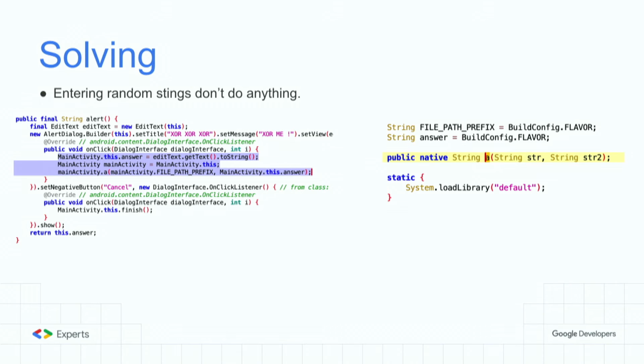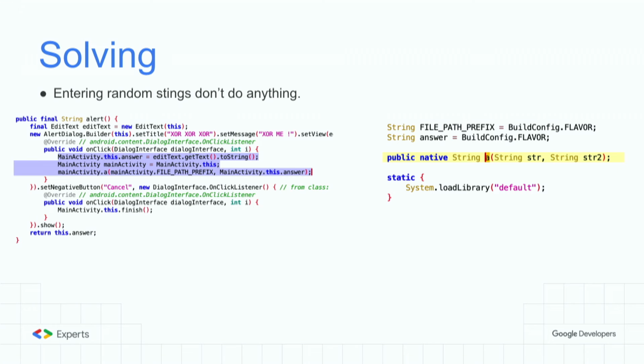Here we have the alert function, and in it we have this alert builder, which on click does an interesting thing. We have the main activity, file path prefix, and the answer, which we pass to function A. Do you remember this file path prefix that was assigned at runtime in onCreate, the data directory?